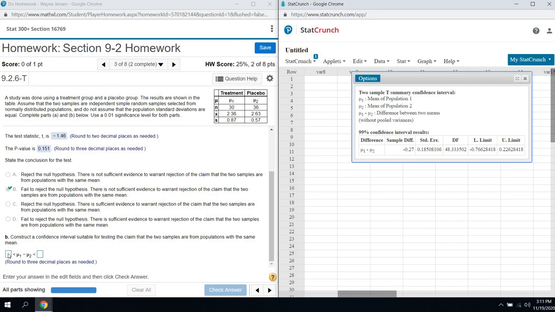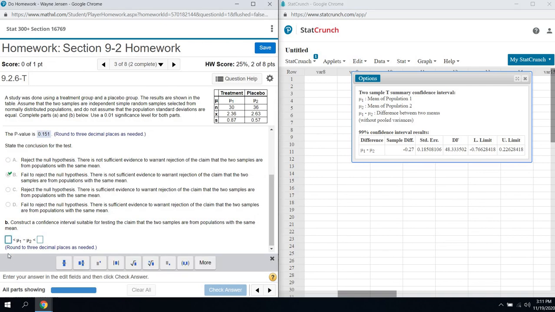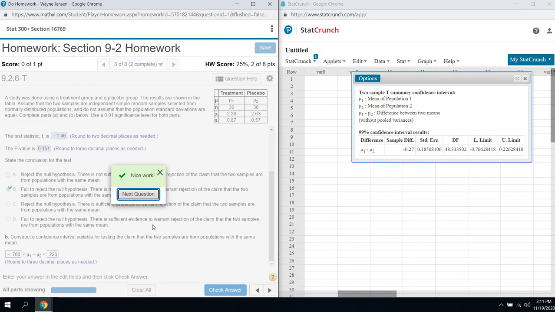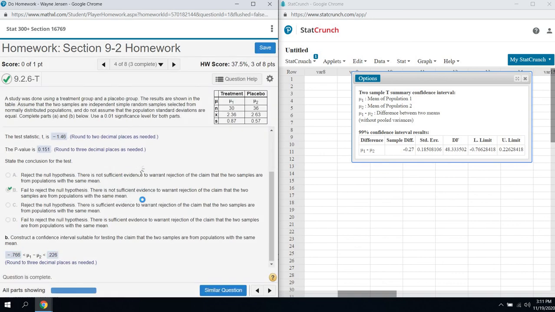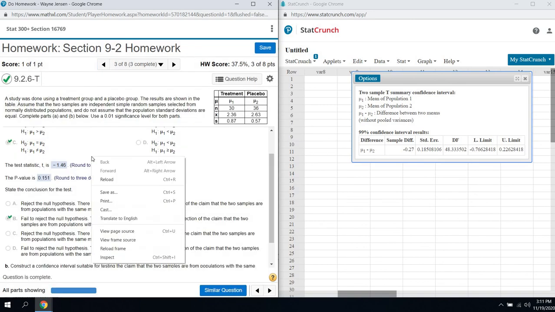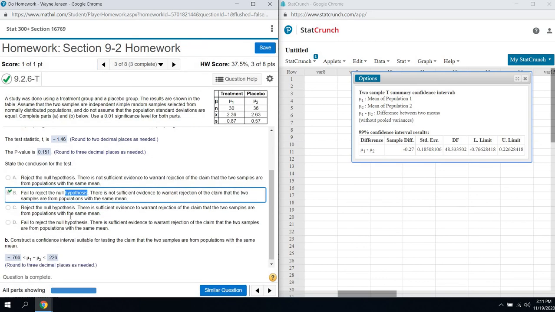Our lower limit rounded to 3 decimal places is negative 0.766. Our upper limit is positive 0.226. And it says great. Now that agrees actually. Oh, that's all they want. So that actually agreed. I can go back, sorry. I was going to say if I knew that I was clicking on to the next question, I would have hesitated.